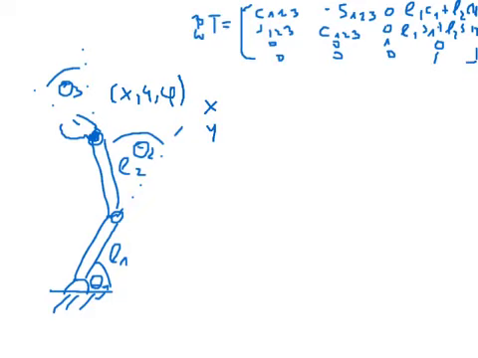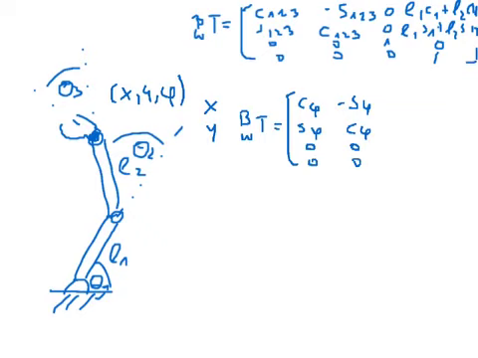And we could write down something like a transformation matrix that looks like that. It would be cosine of phi, minus sine of phi, sine of phi, cosine of phi, and then 0, 0, 0, 0, 0, 1, 0, 0, and there would be x here and y here, 0 and 1.